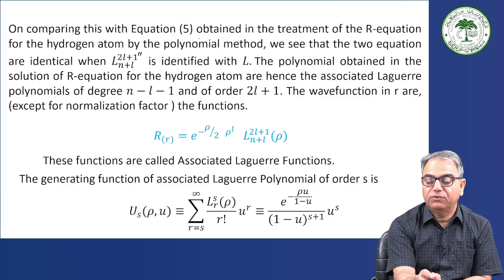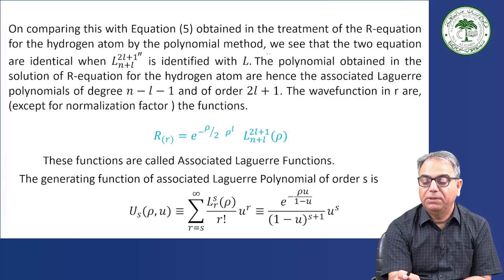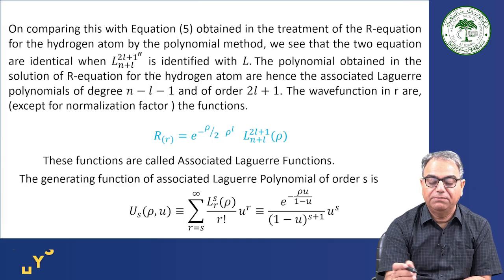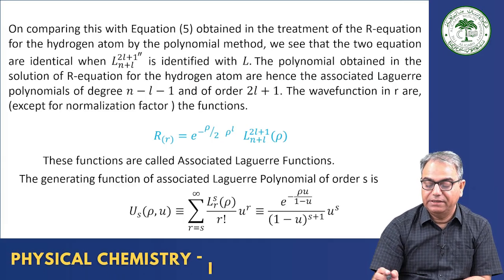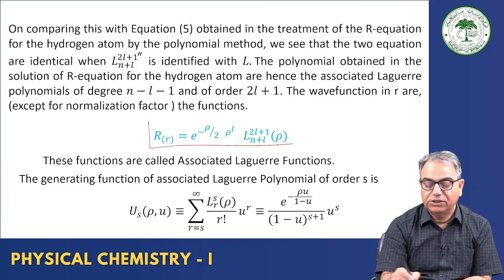On comparing this with equation number 5, the treatment of the R equation of the hydrogen atom by the polynomial method, we see that the two equations have the same form, and then you can write the solution R in terms of the associated Laguerre polynomial like this one.